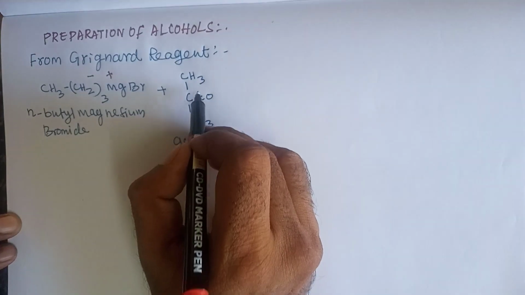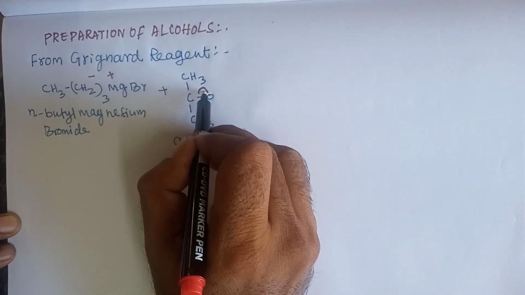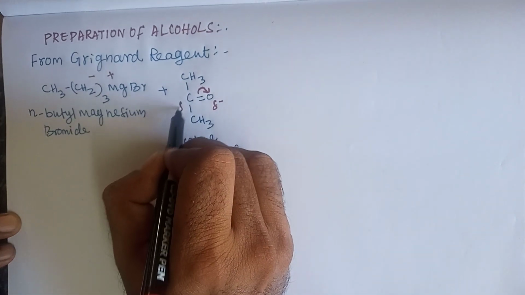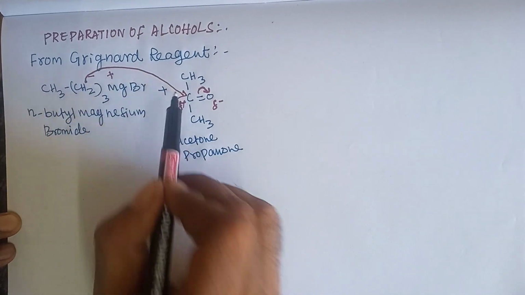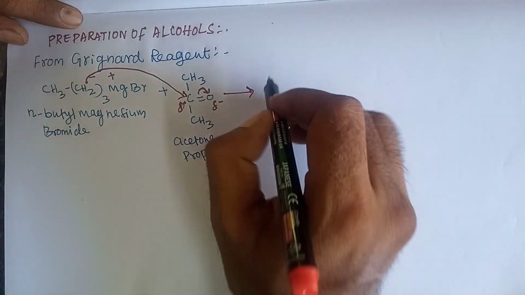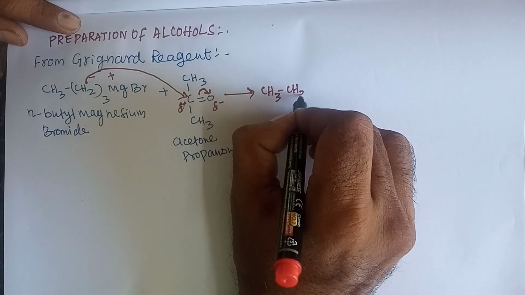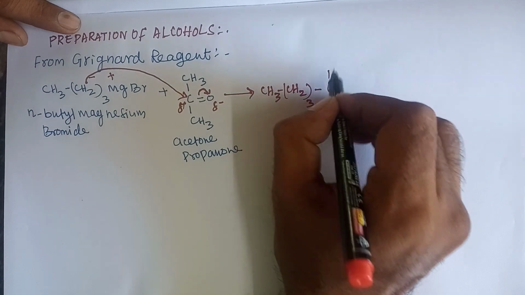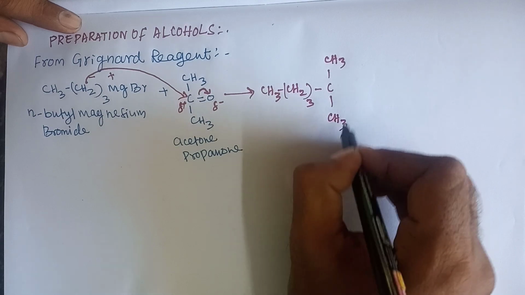Here the oxygen is more electronegative. It pulls the shared pair of electrons towards itself. It becomes partially negative charge, and the carbon becomes partially positive charge. Here this nucleophile attacks this carbon and forms an addition product: CH3, CH2 thrice, this carbon, then CH3, then CH3.